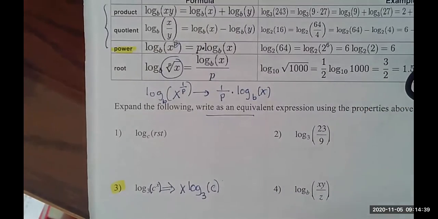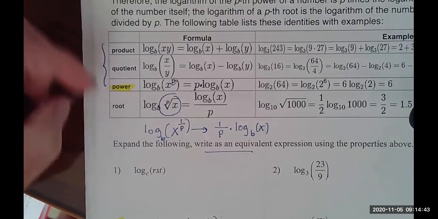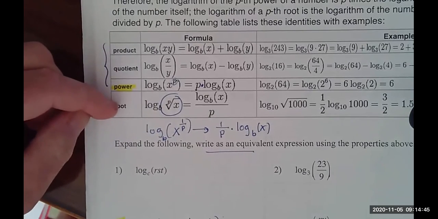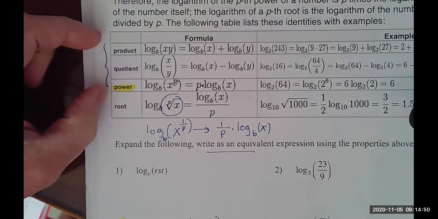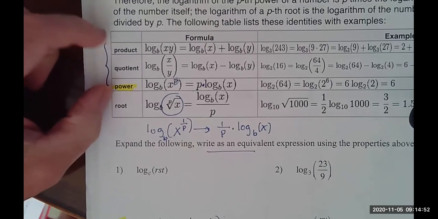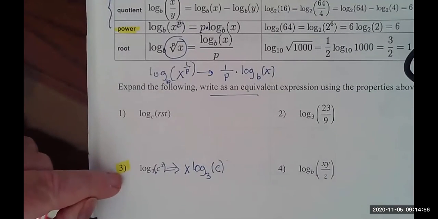So these rules that we were going over, and for those of you who just came in, I'm only doing the top 3. I don't need to demonstrate the root one. So I'm doing these 3. And I just did the highlighted power one, like that one here. That's all you're doing, just rewriting it.